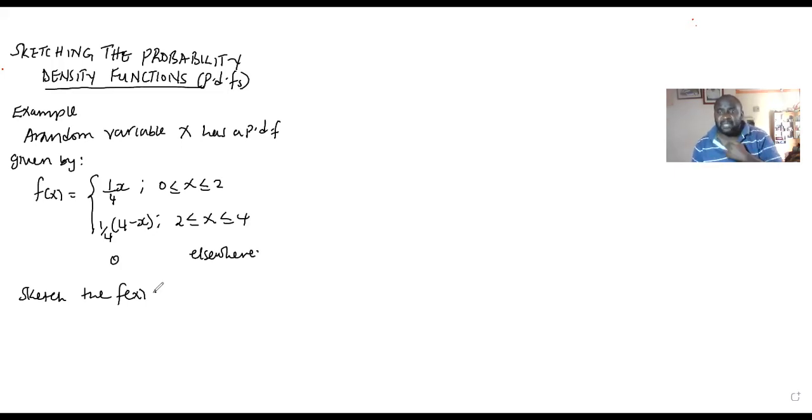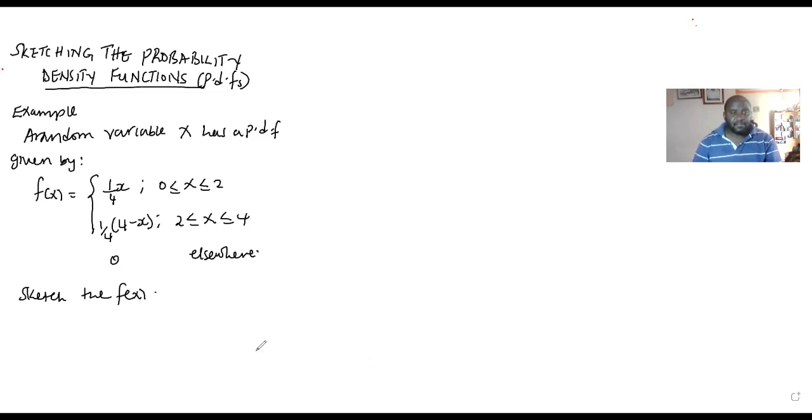You can't access them now because you've not yet covered integration of trig functions or exponential functions. But when you land on such functions, they are easy to bring on board because by that time, if you have already covered integration of trig functions, then you know what to do. So you just apply the trig function integrations, and then you can go ahead and handle whatever the question wants to handle. So the question says, sketch the curve.